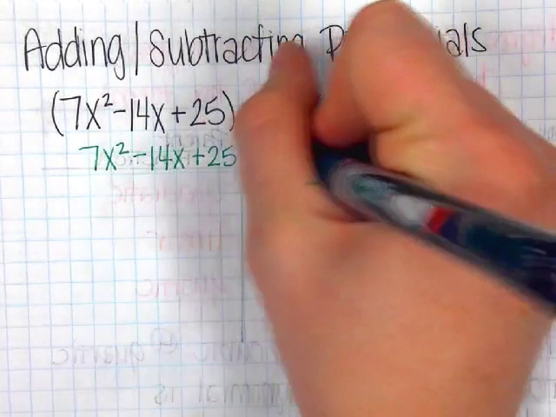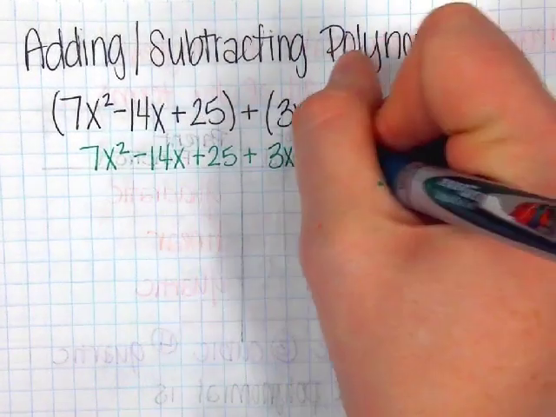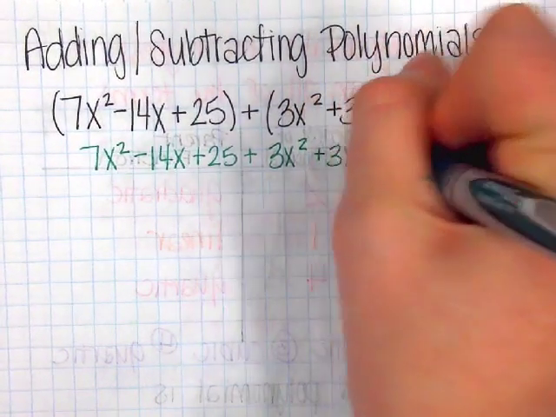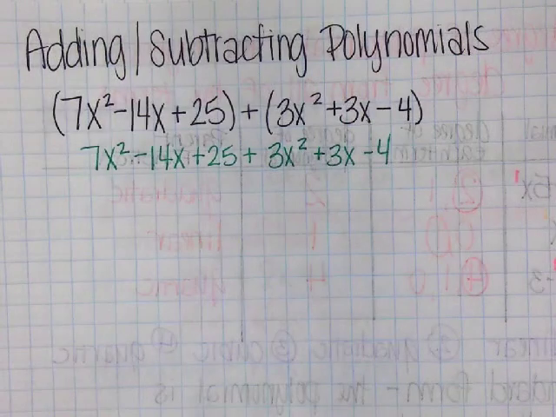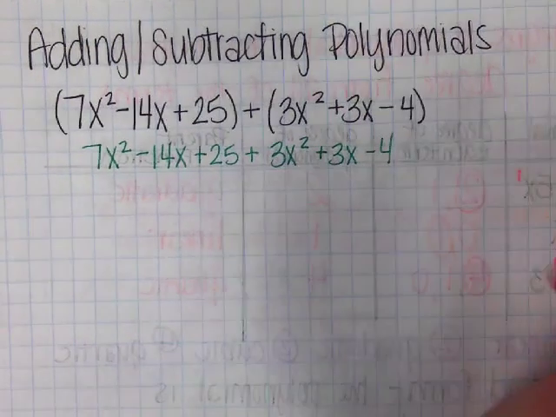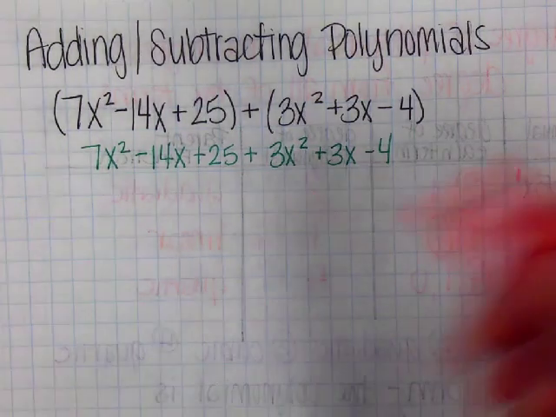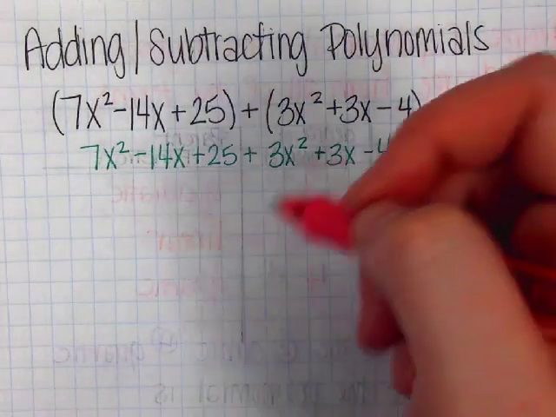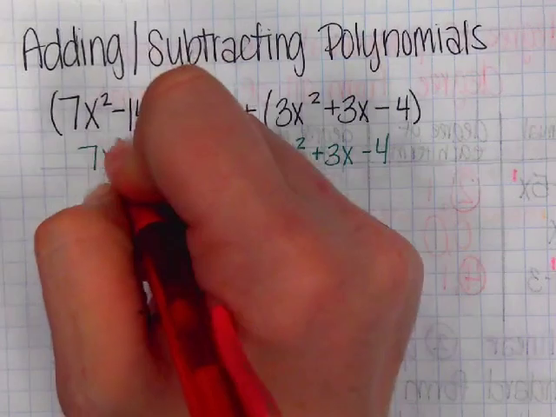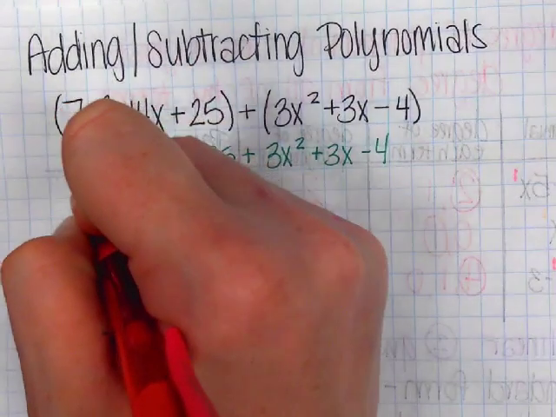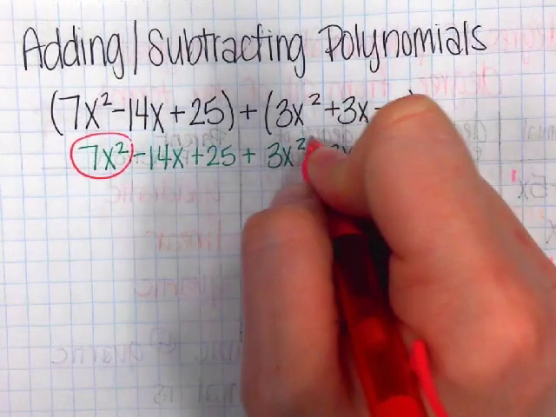But this is our equation. So 3x squared plus 3x minus 4. The easiest way for me to do these is always to circle the x squared, underline the x's, or whatever. So I'm going to look, we have 7x squared and we have a 3x squared.